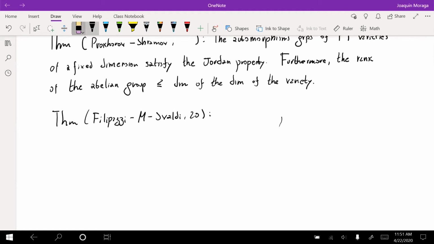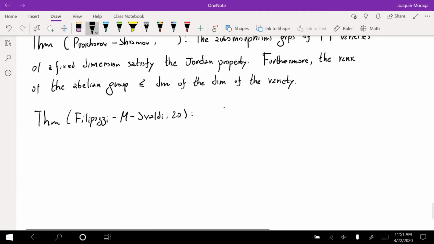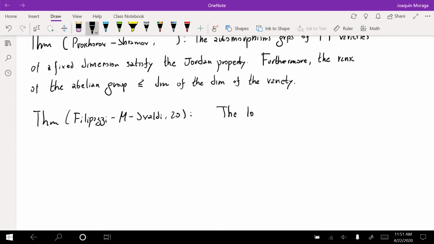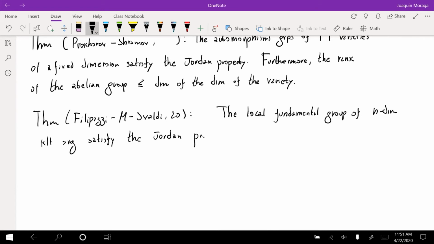So the local fundamental group of n-dimensional klt singularities satisfies the Jordan property.